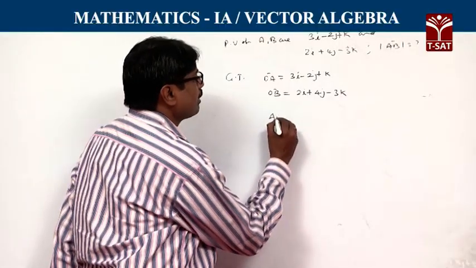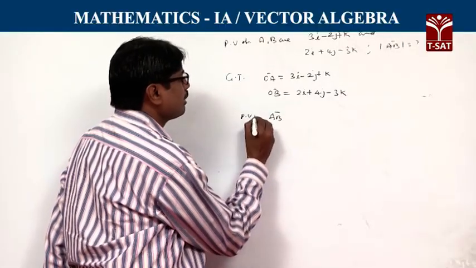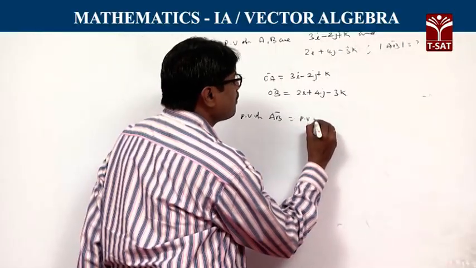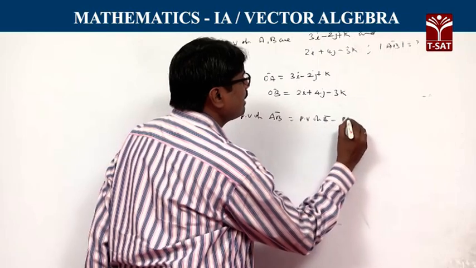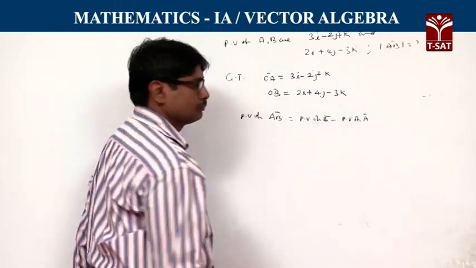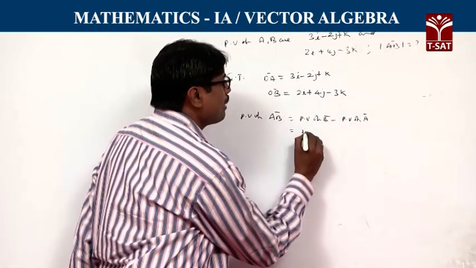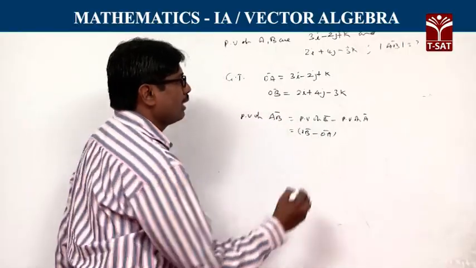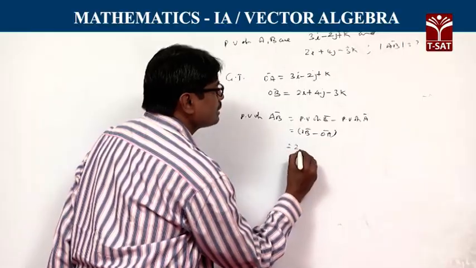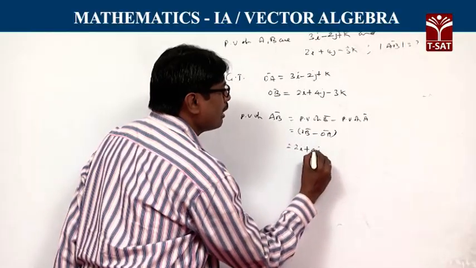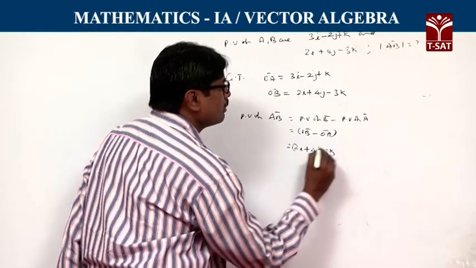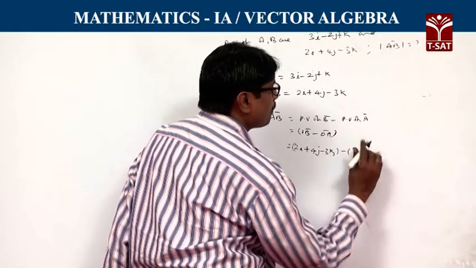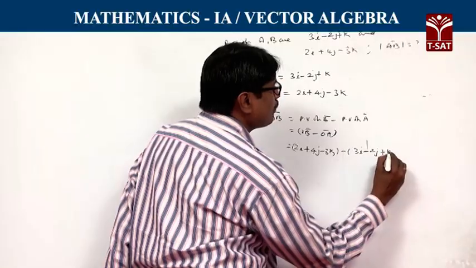So the position vector of AB bar is equal to the position vector of B minus the position vector of A, in the sense OB bar minus OA bar. Take the position vectors: 2 times i bar plus 4j bar minus 3k bar minus OA bar, 3 times i bar minus 2 times j bar plus k bar.